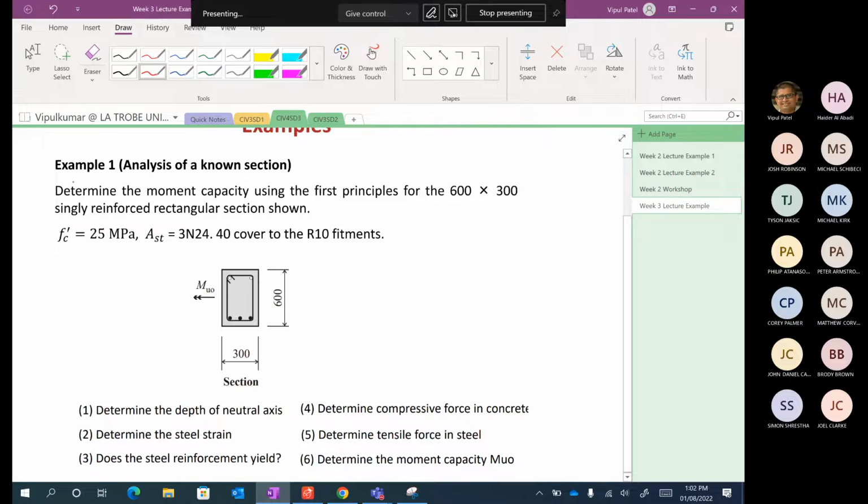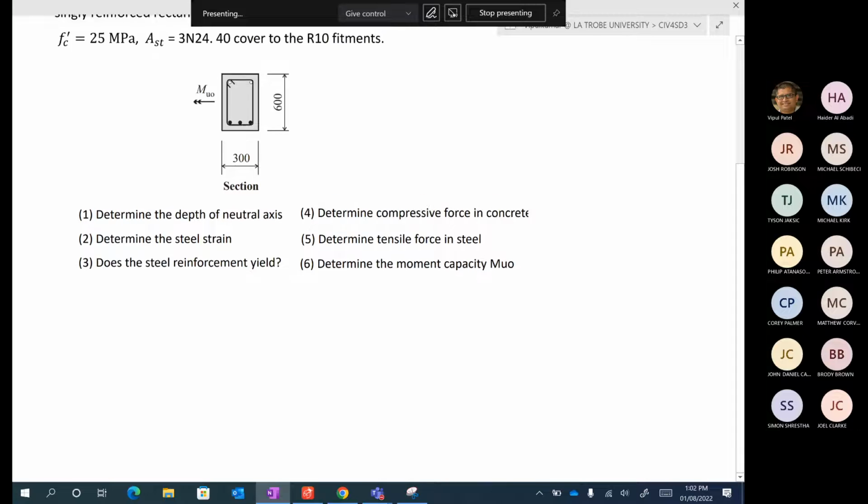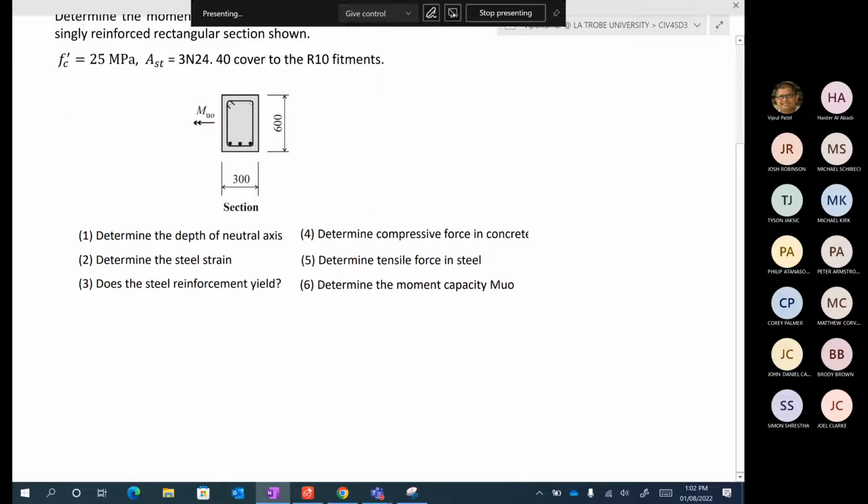Example number 1, analysis of known sections. Now there are two kinds of examples that you will come across in the beam. One is the analysis. What does analysis mean? You will be given the B value, the width, and the depth.